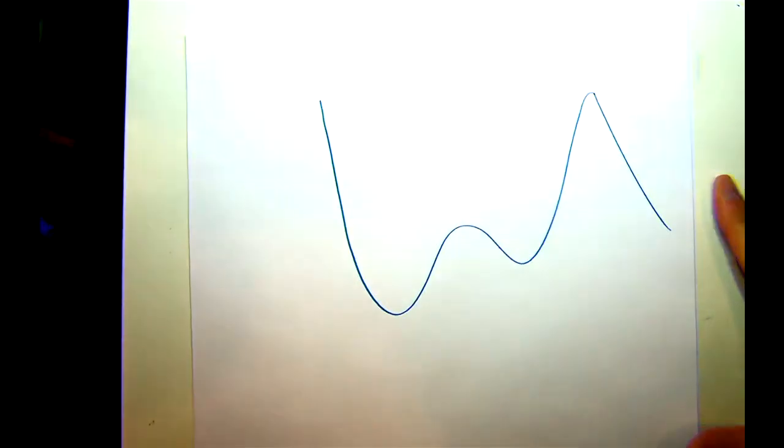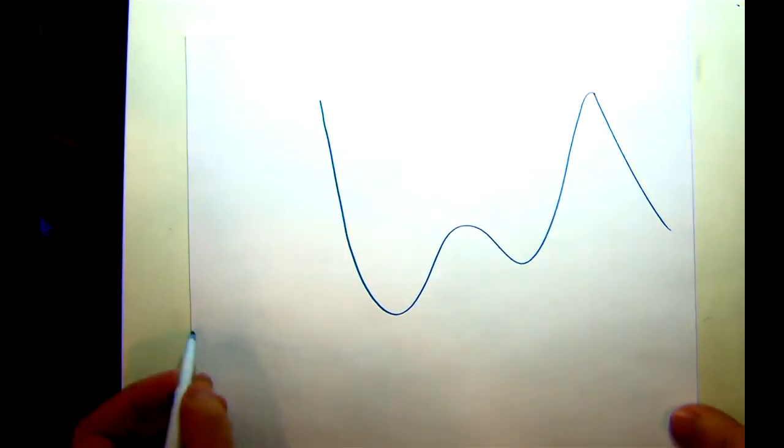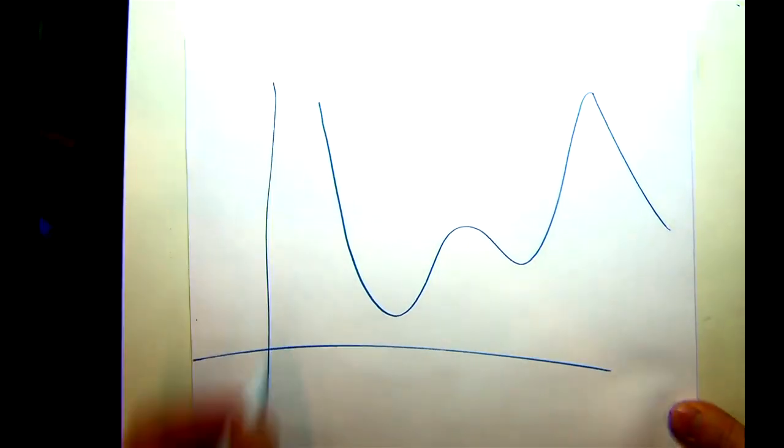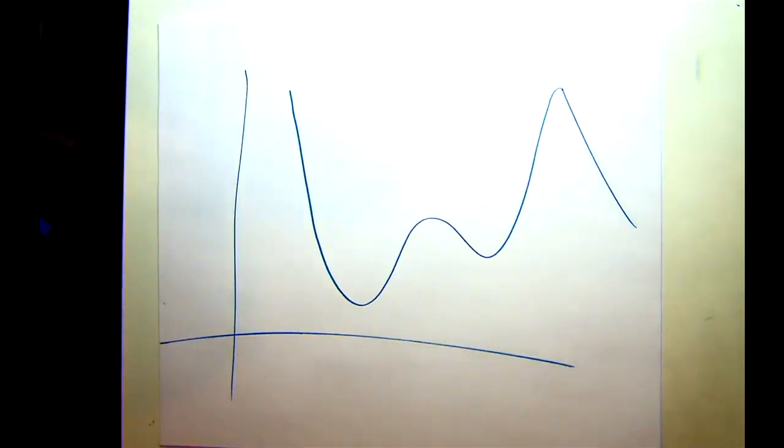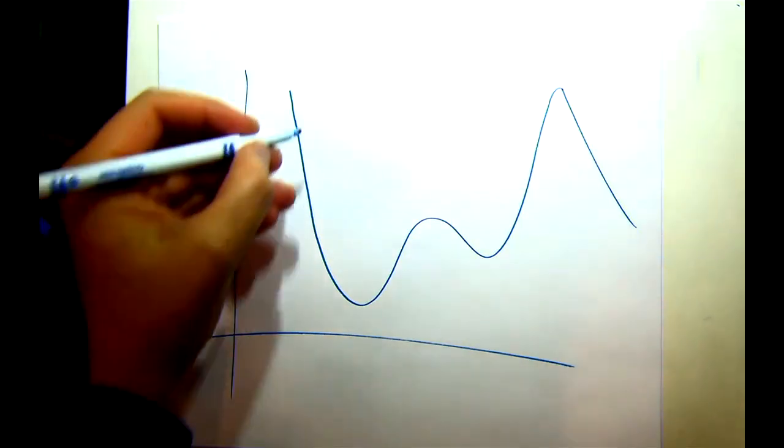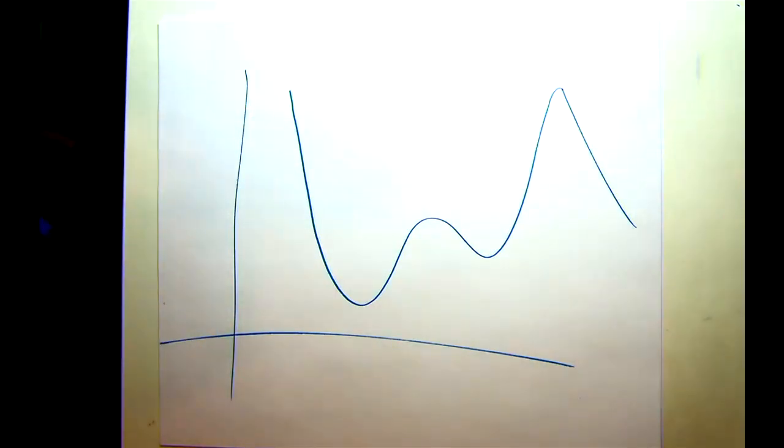If we have a function, let's just say this is our function, some wacky, bouncy thing. Gradient descent is a process in which we make iterative estimates and try to improve them.